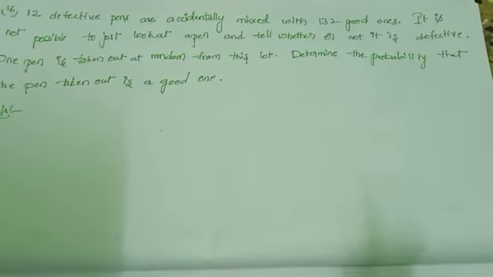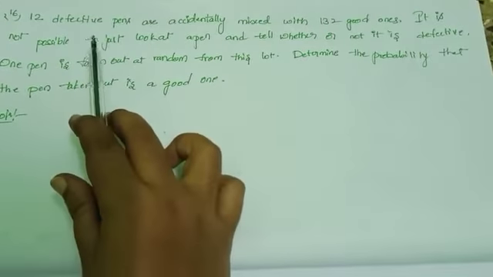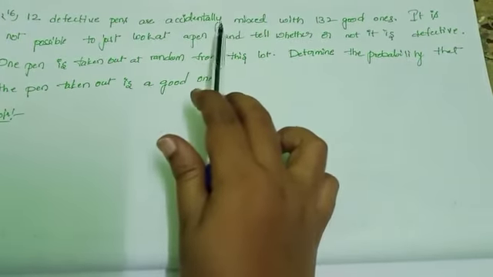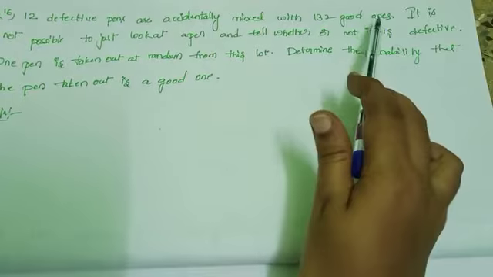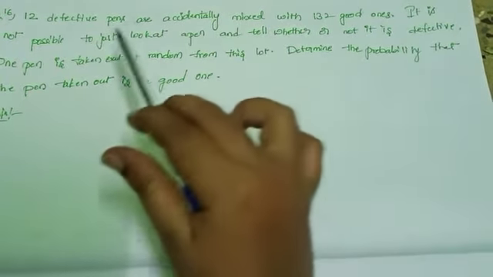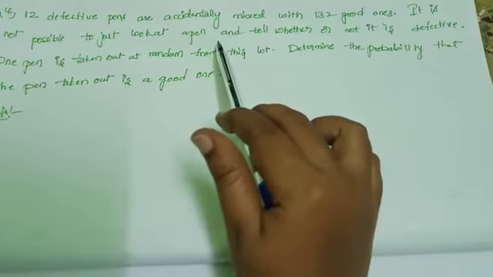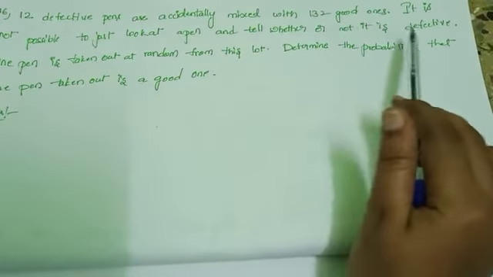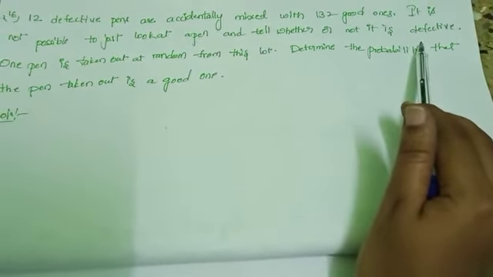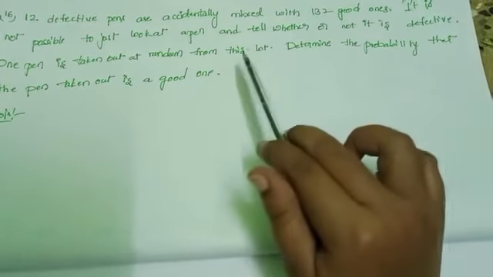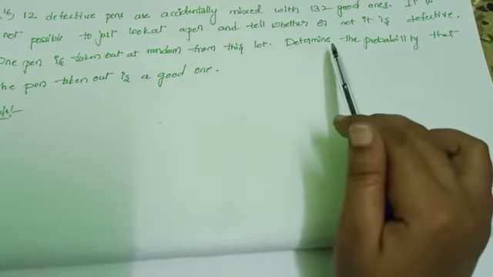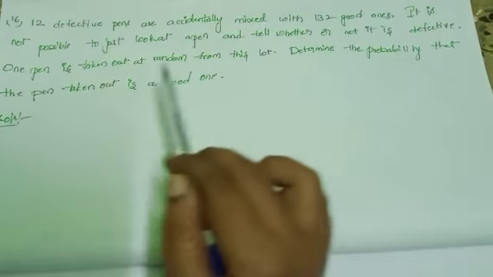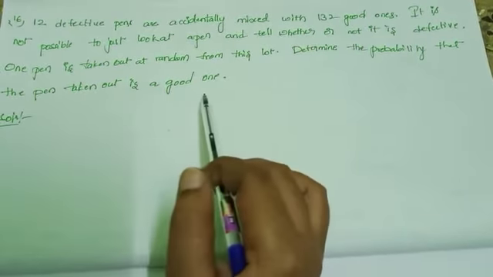Next, question 16. 12 defective pens are accidentally mixed with 132 good ones. It is not possible to just look at a pen and tell whether or not it is defective. One pen is taken out at random from the lot. Determine the probability that the pen taken out is a good one.